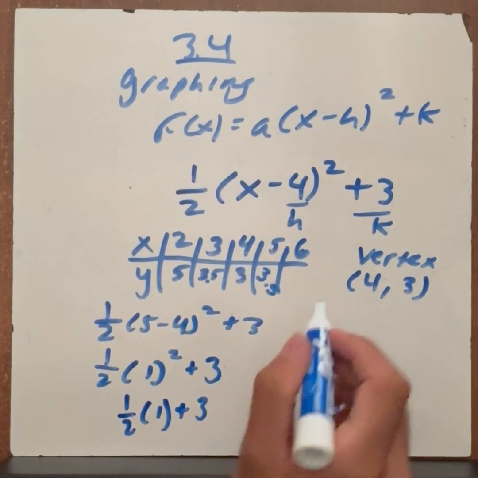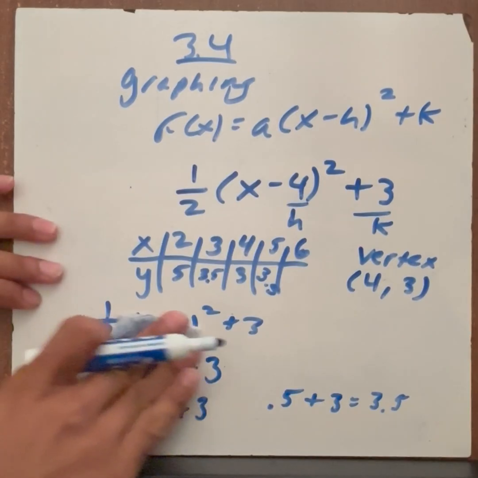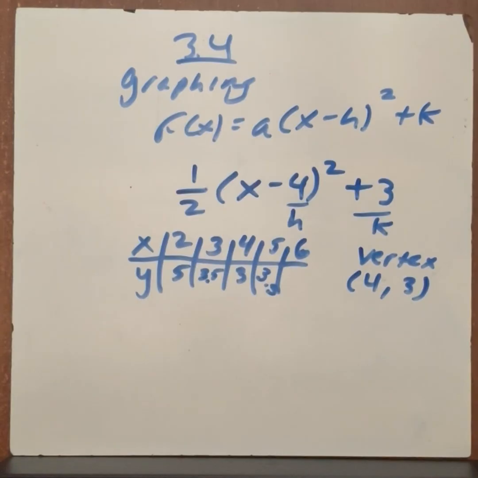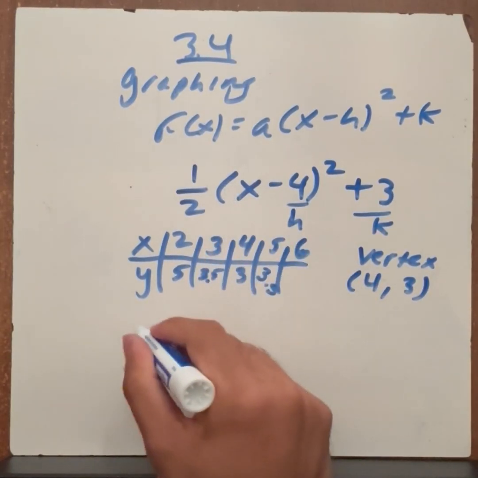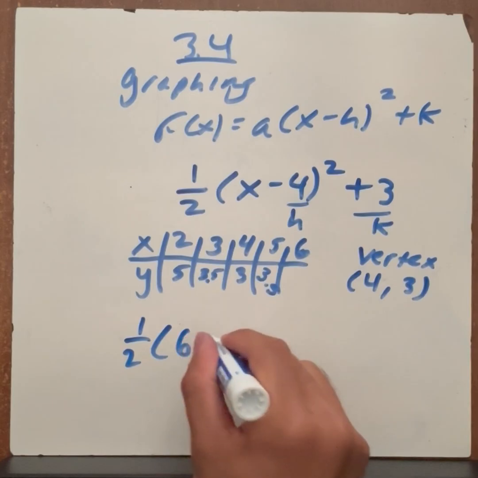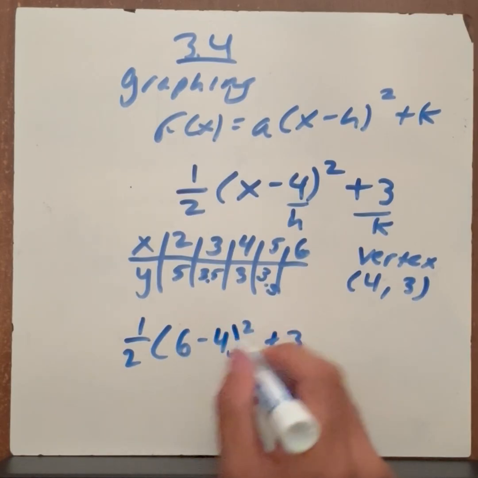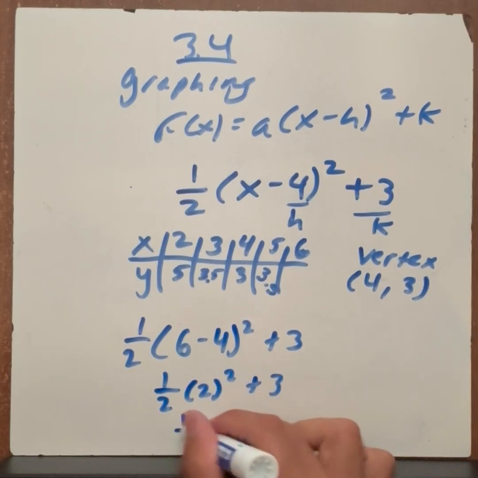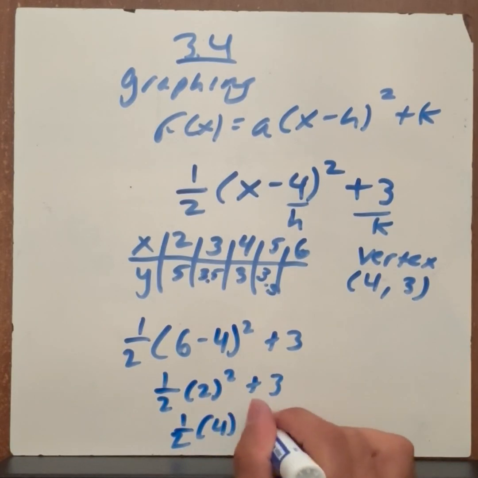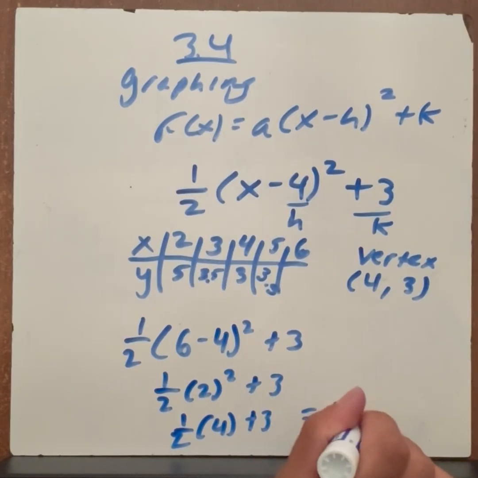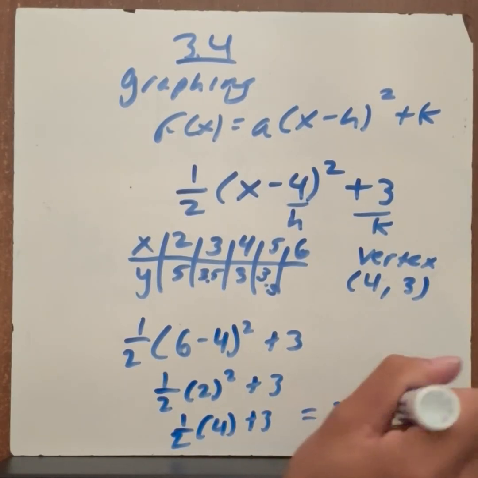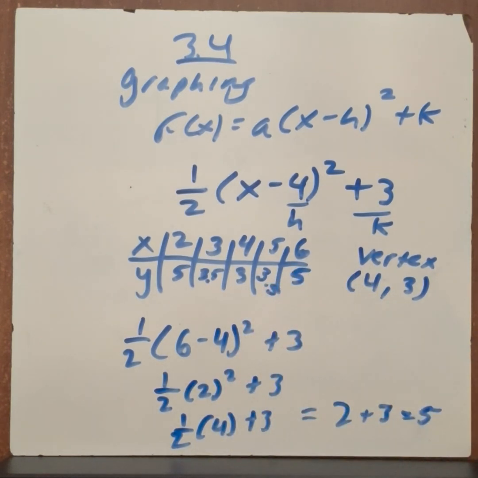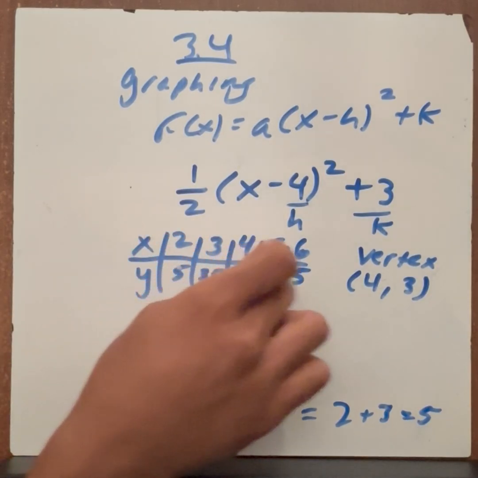Then doing the same thing with 6, we get 1/2 of 6 minus 4 squared plus 3. This would be half of 2 squared plus 3. 2 squared is 4, so half of 4 plus 3. Half of 4 is 2, and 2 plus 3 is 5. So this should be 5. So you would be able to plot all these points on the graph.